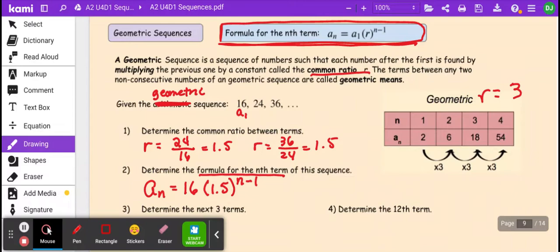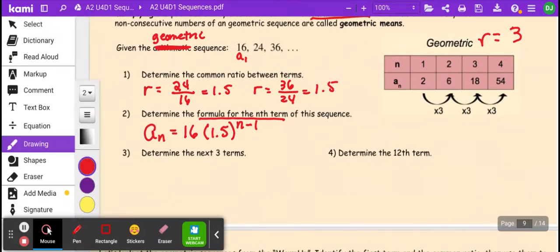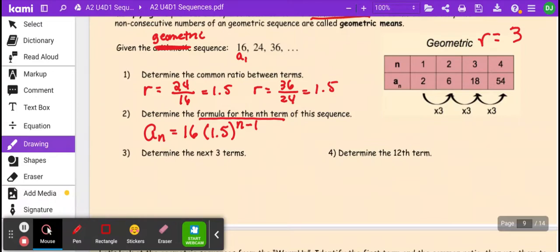Okay, so now it says determine the next 3 terms. So just like I said before, if I'm going to determine the next 3 terms, I obviously could use the formula. However, I'm going to be honest, I probably wouldn't because I know the common ratio is the 1.5.